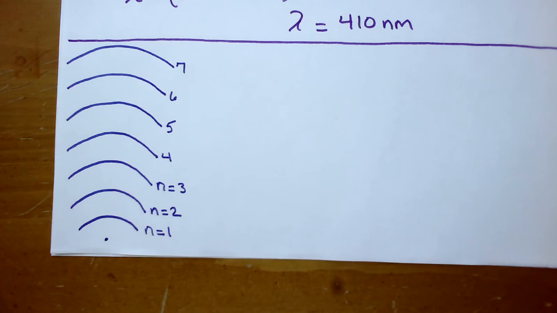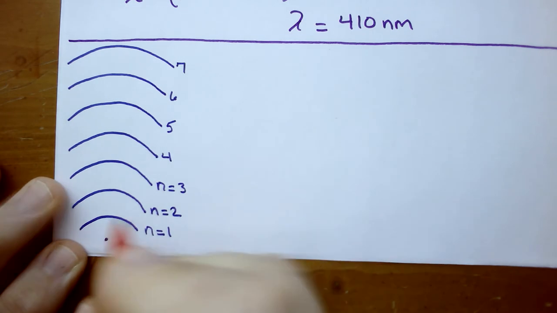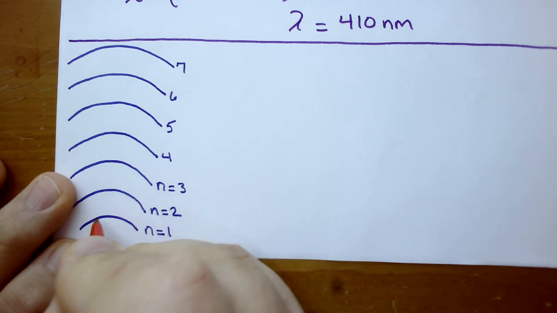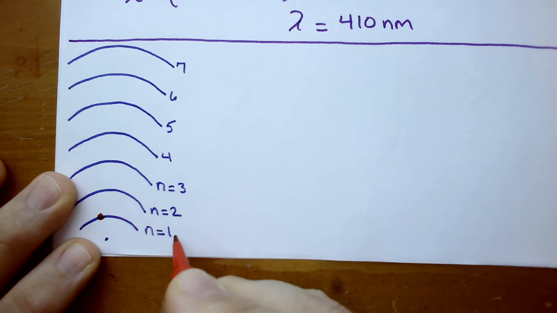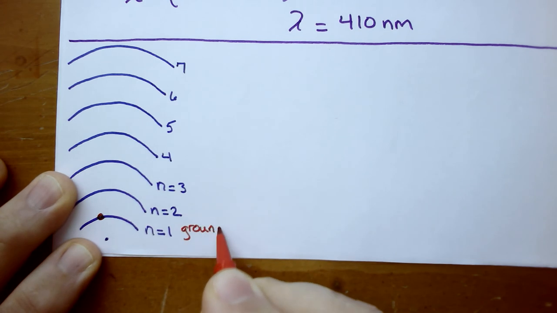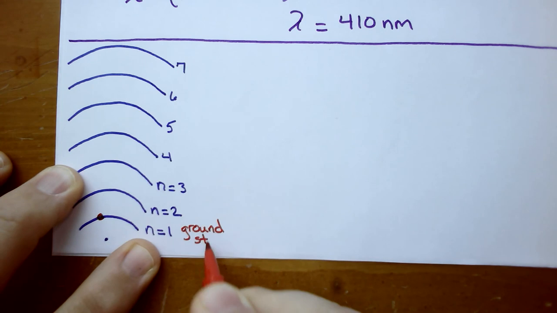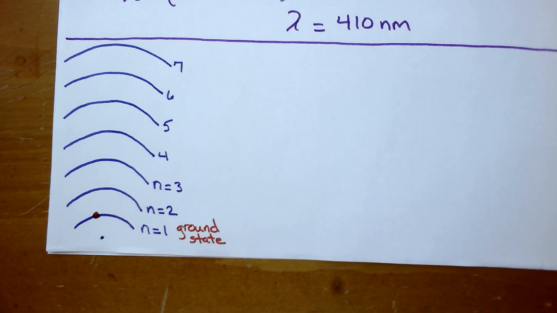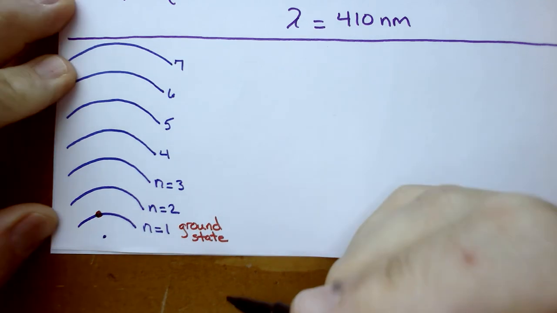And he says that if you take an electron, and you have an electron at the lower energy level here, let's say I have an electron here, so this would be at ground state. So I have an electron at the ground state, the lowest energy level, and I give it some energy.